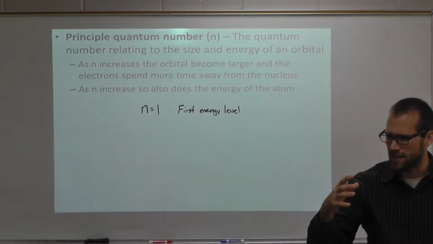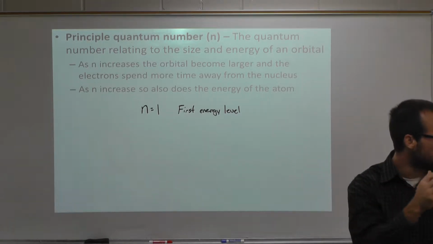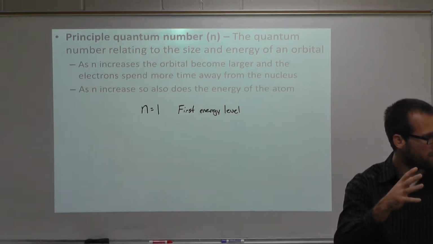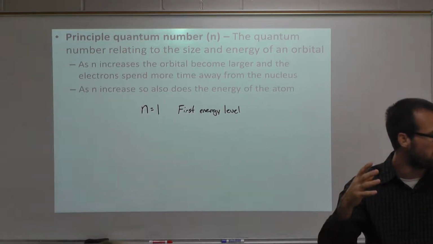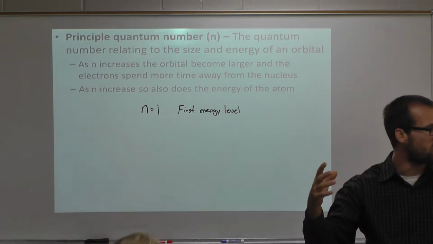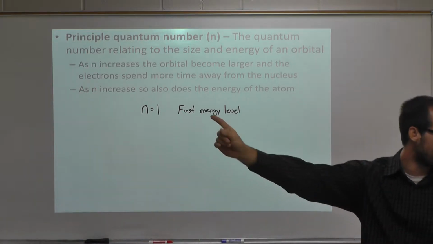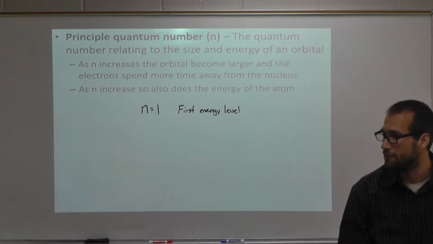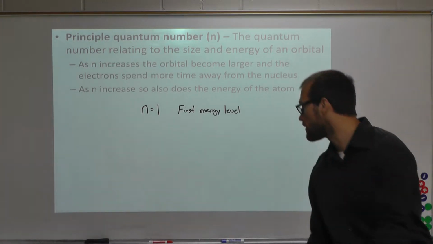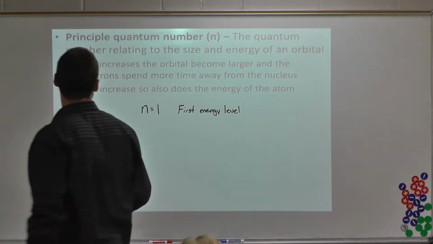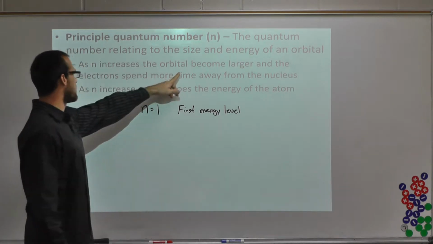It should make sense. The electrons are attracted to the protons in the nucleus. You give it energy, it starts to get a little bit further away. More energy, even further away. More energy, even further away. You give it enough energy, it can leave.